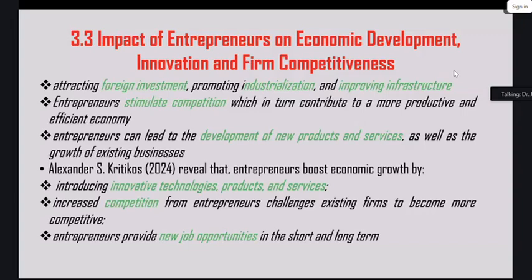And according to Alexander Christakis, entrepreneurs boost economic growth by introducing innovative technology, products, and services. This also supports the previous point that we have discussed on their roles in the development of new products and services, as well as entrepreneurs increasing competition, challenging existing firms to become more competitive.